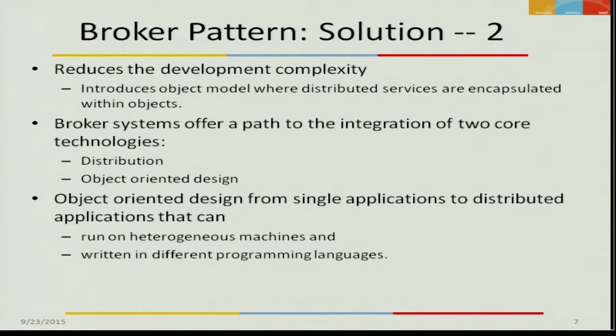So here what's happening is that object-oriented designs, which were traditionally meant for single applications, now suddenly become available to distributed applications. This distributed application can run on heterogeneous machines, and it can be written in different programming languages.